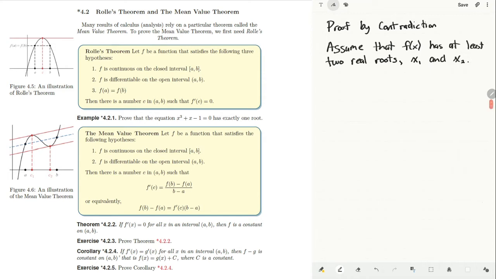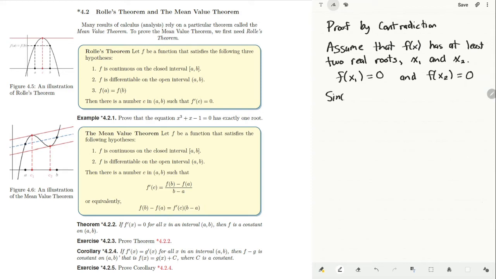And since they are the roots of the function, that tells us that f of x1 is 0 and f of x2 is 0. So the function has 2 real roots, which we called x1 and x2.